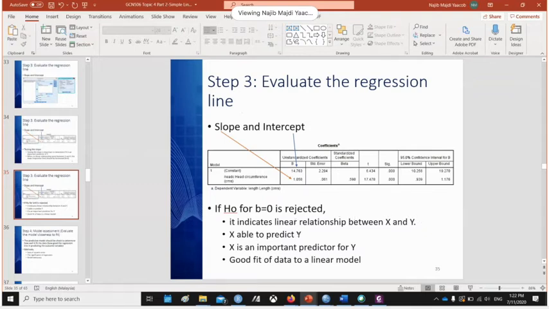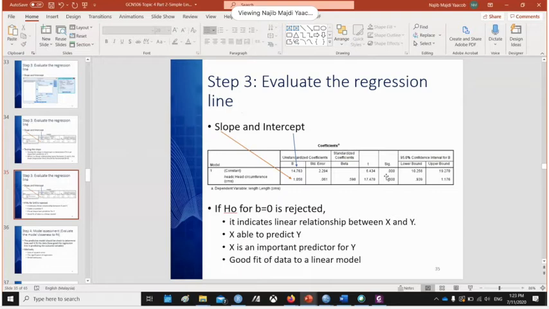X is able to predict Y. X is an important predictor for Y, and it also indicates that there is a good fit of data to a linear model. So how to decide whether to reject or not reject the null hypothesis for beta equal to 0?